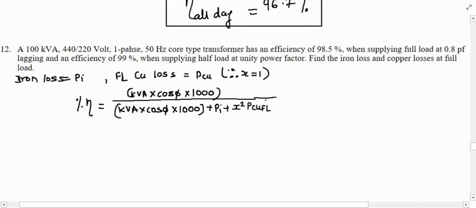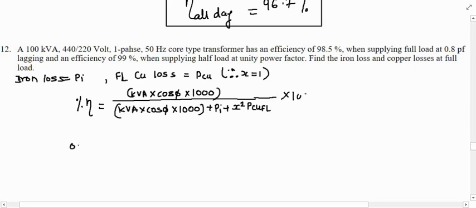Okay. So here what is given in the problem? This transformer has an efficiency of 98.5% when supplying full load at 0.8 power factor lagging. Means full load efficiency is given.